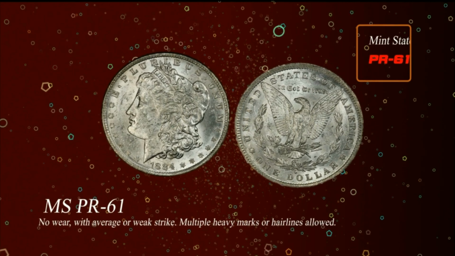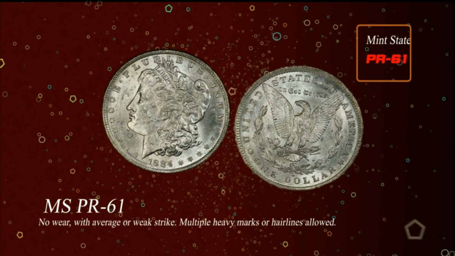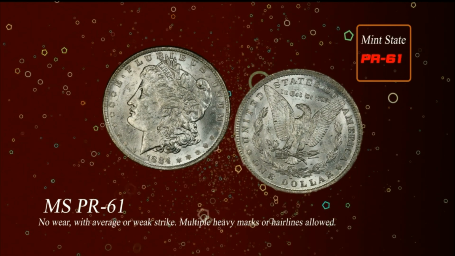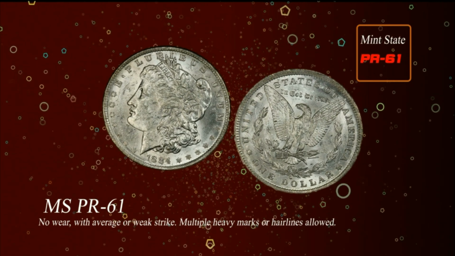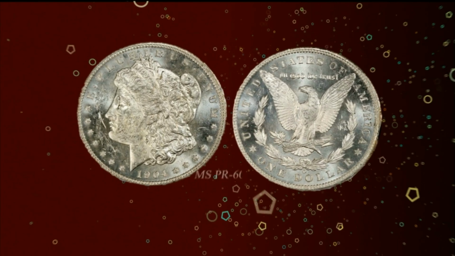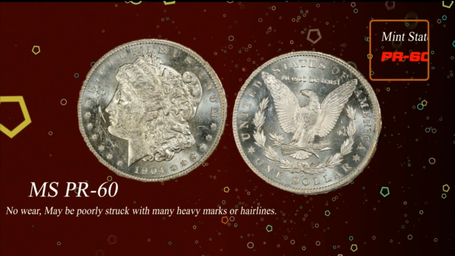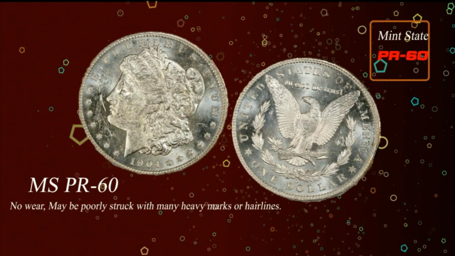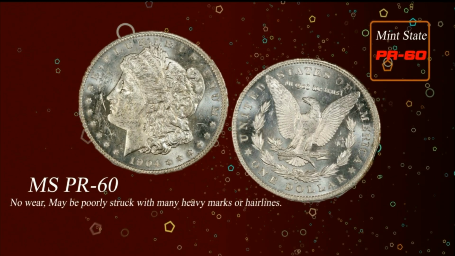Mint state PR61. No wear with average or weak strike. Multiple heavy marks or hairlines allowed. Mint state PR60. No wear, may be poorly struck with many heavy marks or hairlines.